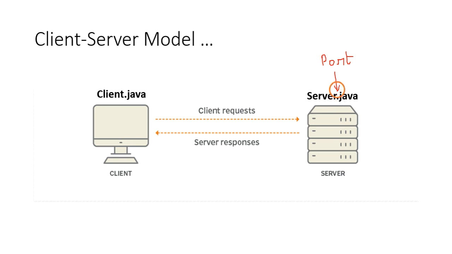So the server will open a port, and it will listen for connections. So who is going to connect to the server? The client is going to connect to the server. Okay, so the server will open a port, and it will listen to the messages from the client.